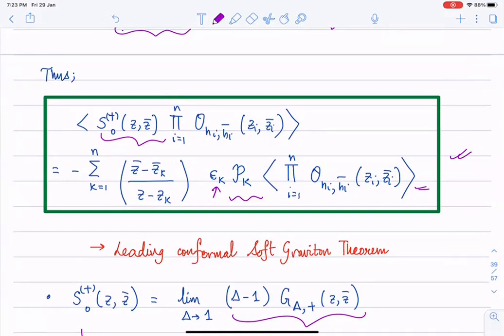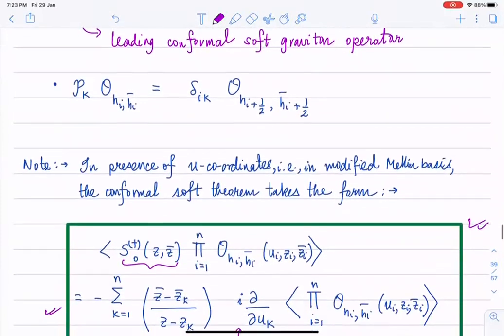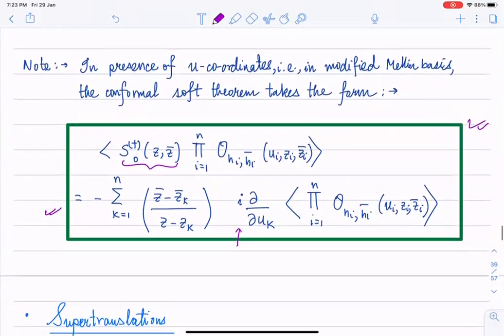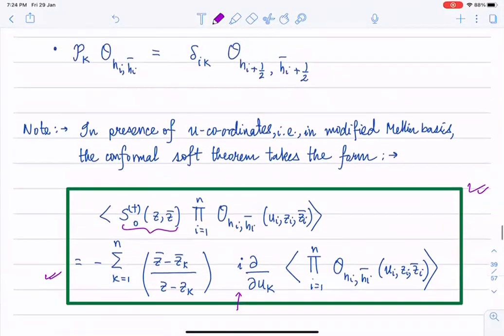Yeah, I understand that in the Mellin basis, but in the modified Mellin basis where you have a u, it looks like future null infinity. Oh yes, sorry. In that case, it turns out that when you translate it back to the usual Mellin space, you get back these factors of epsilon. In all of these formulas, there is this extra factor of epsilon, which denotes whether the operator is incoming or outgoing, which I have conveniently suppressed everywhere.